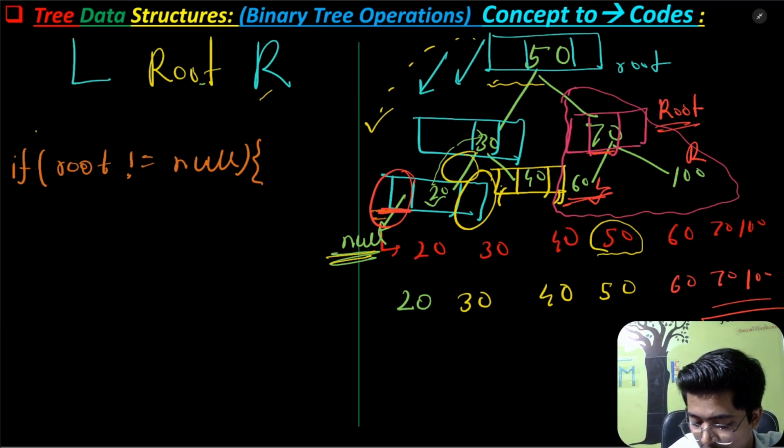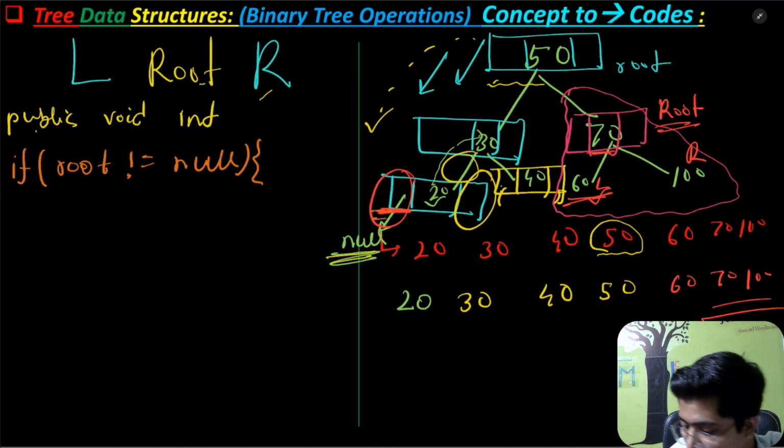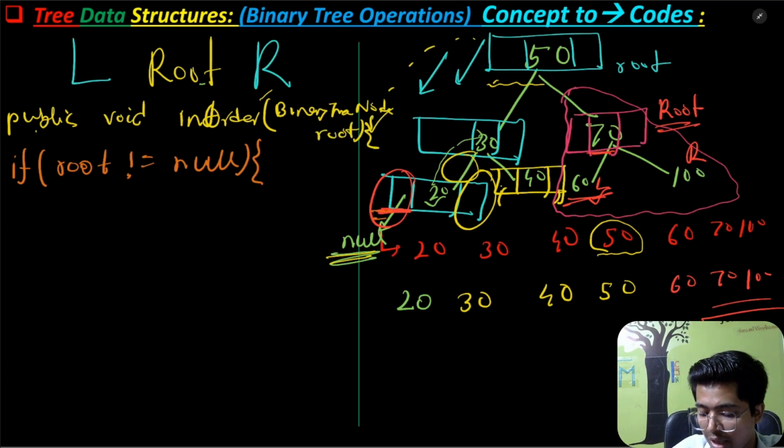If root is not equal to null, then we simply process. We will be calling this function recursively. So public void InOrder, and we'll be passing the binary tree node root.